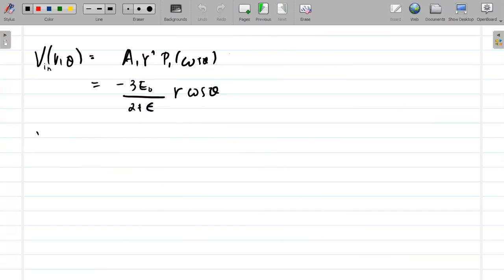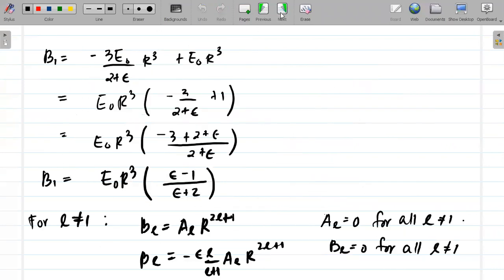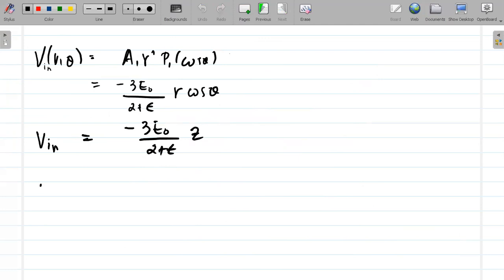Actually, class, this is also equal to negative 3 E naught over 2 plus epsilon times r cos theta. Ano class yung r cos theta? That is Z. Again, di ba? Yung pinakita ko kanina. Yung r cos theta ay Z. Now, class, E equals negative del V. So, ano to?